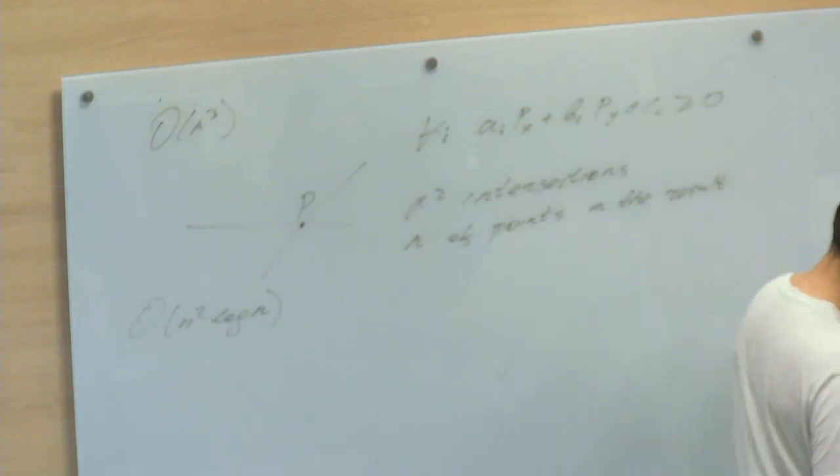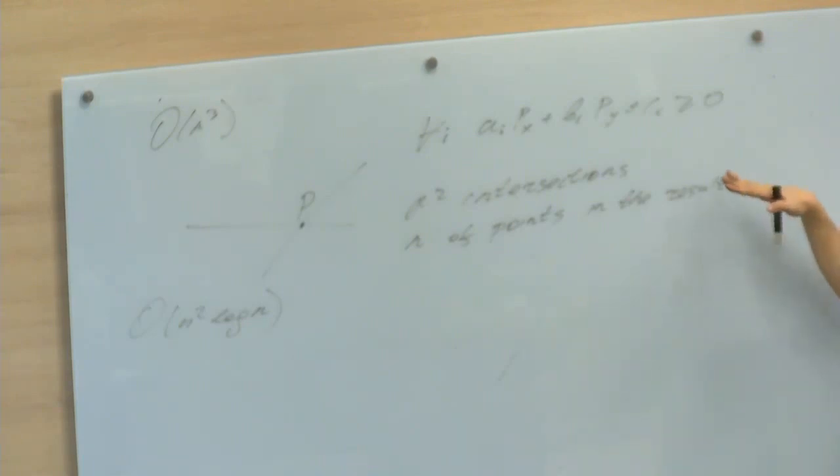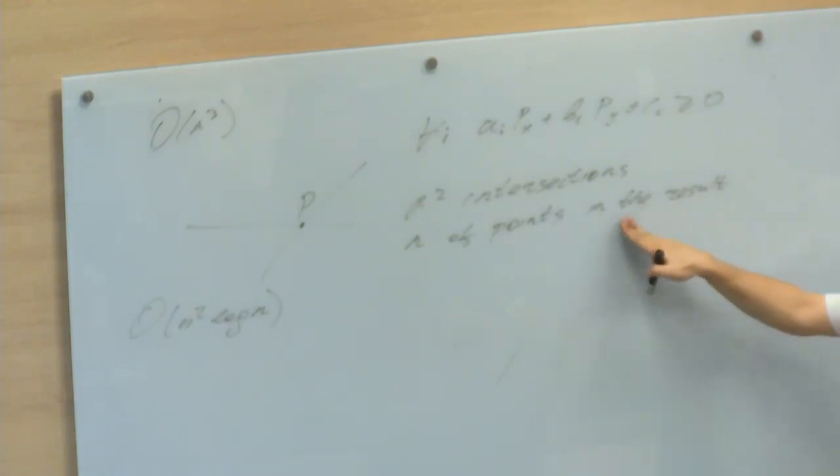So there's a really large difference between the number of intersection points that we need to check and the number of points in the final result. Right?